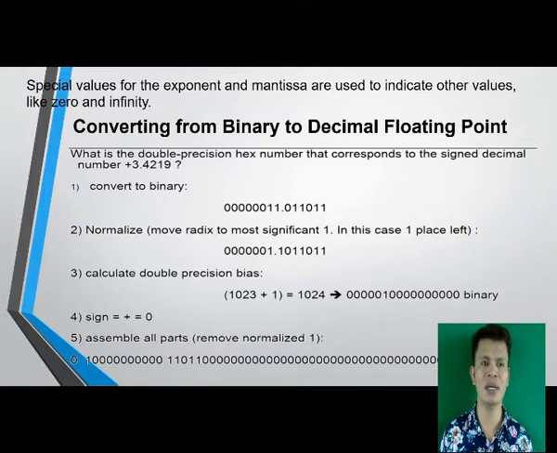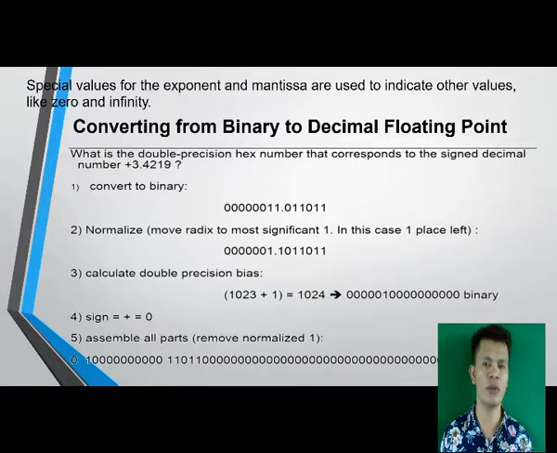This is another example of decimal to floating point. What is the double precision hex number that corresponds to the signed decimal number positive 3.4219? Same procedure that we used in the previous example.